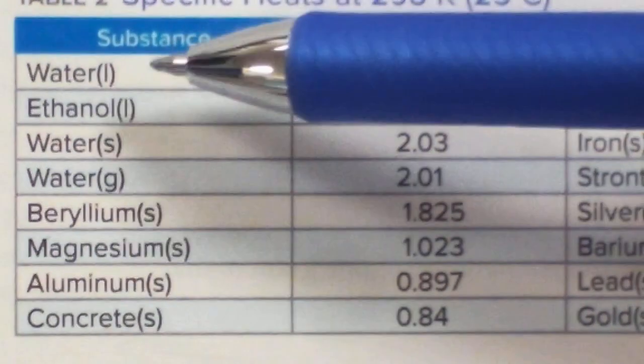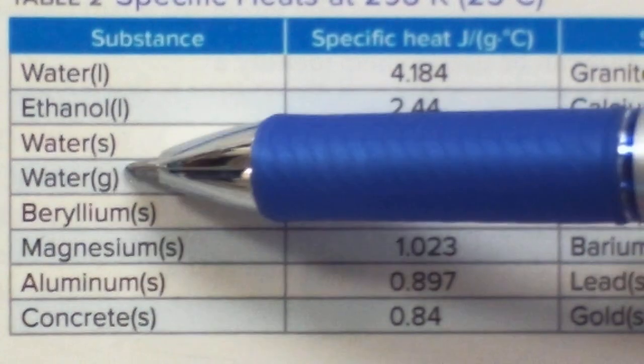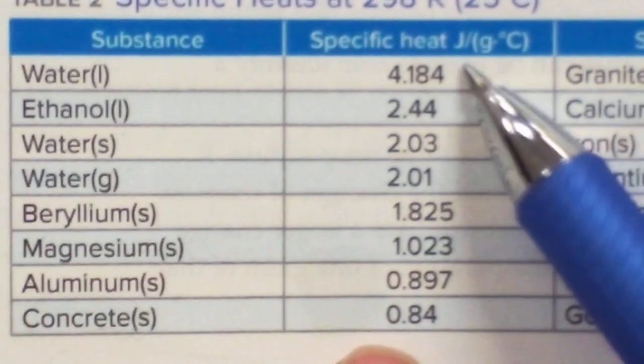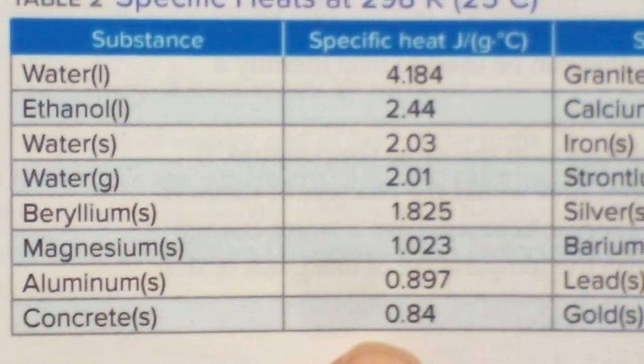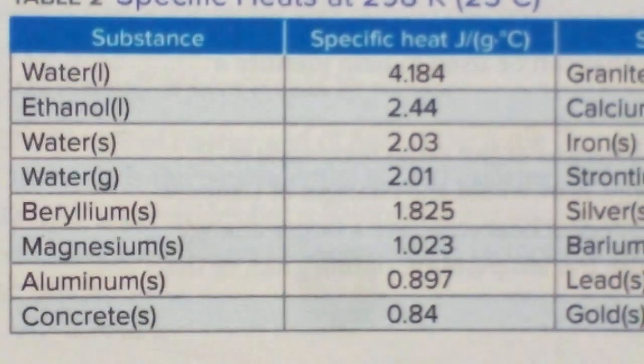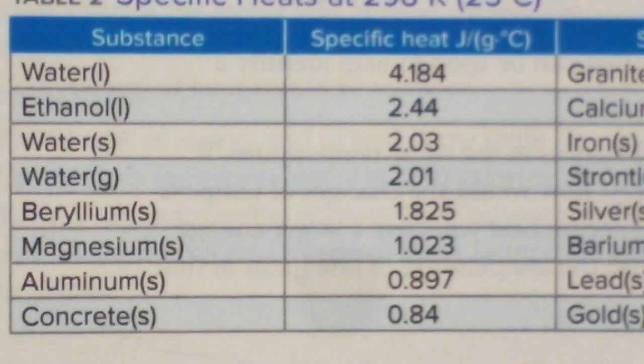Even ice, and here's water liquid, water solid, and water gas, they all have different specific heats, and the reason is because the amount of energy to raise 1 gram of the substance 1 degree Celsius is different for lots of different substances, and we're just about to talk about that on the next slide.